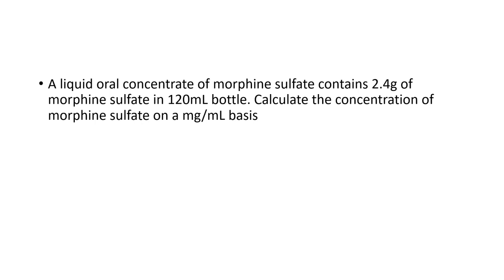A liquid oral concentrate of morphine sulfate contains 2.4 grams of morphine sulfate in a 120 ml bottle. Calculate the concentration of morphine sulfate on a milligram per ml basis. Okay, I simply need to convert the grams since it's already milliliters on the bottom. Oh, sorry.